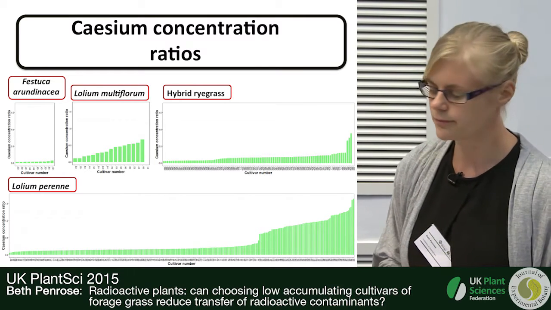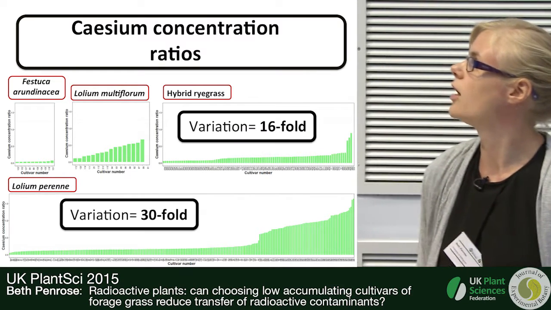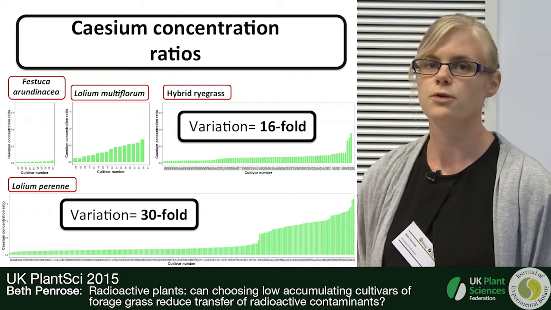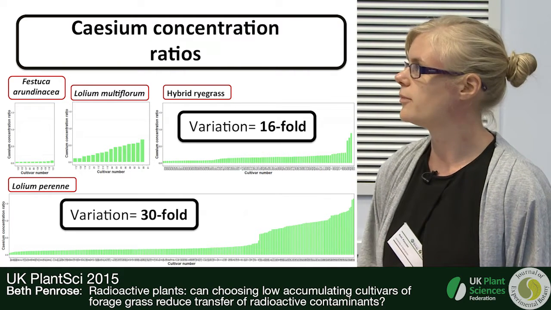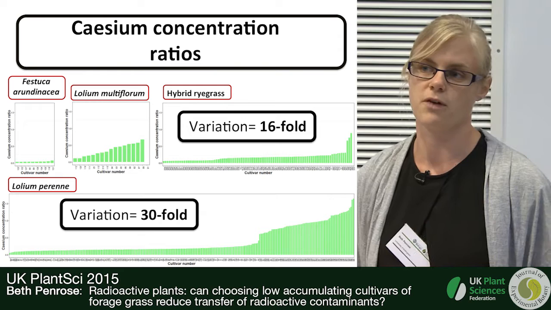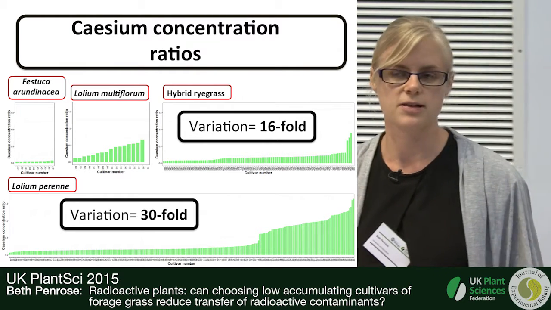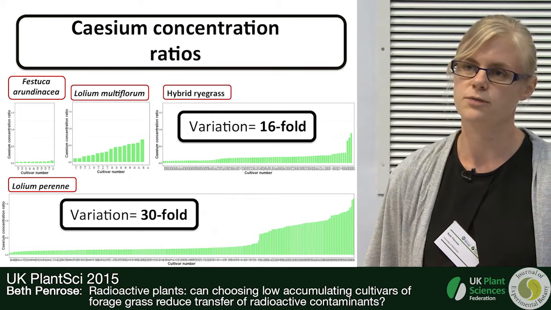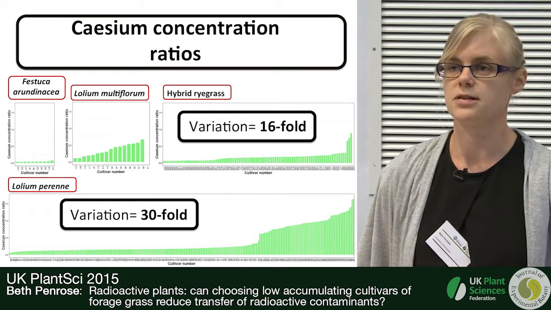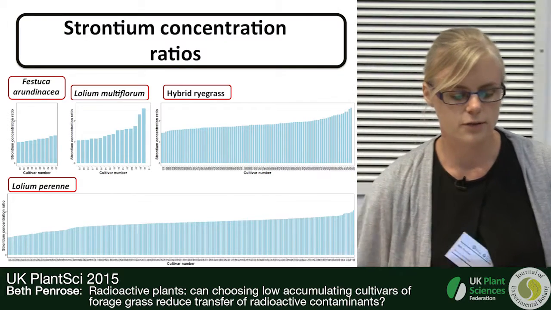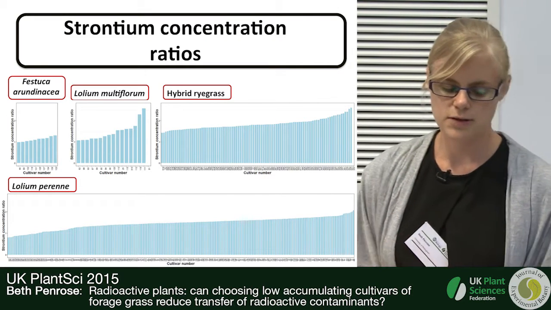And basically, in hybrid ryegrass, you get 16-fold variation. And in perennial ryegrass, you get 30-fold variation. So you can reduce the amount of cesium by 30-fold just by planting the lowest accumulating cultivar, which, let's be honest, is pretty good news. For strontium, it's a slightly different story.